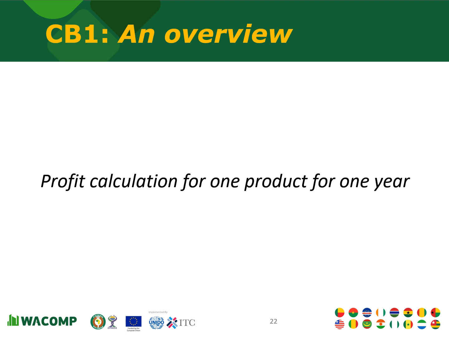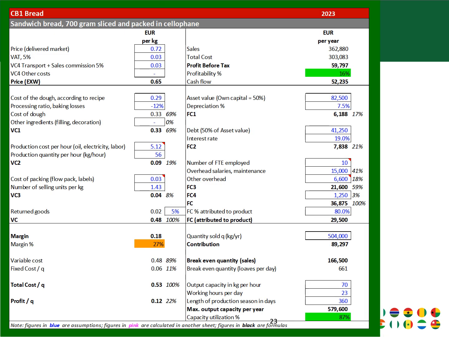CB1, an overview. Profit calculation for one product for 1 year. Sorry you had to endure me for a long time, but here is finally the cigar box. As you see, there are 2 columns and 6 boxes.